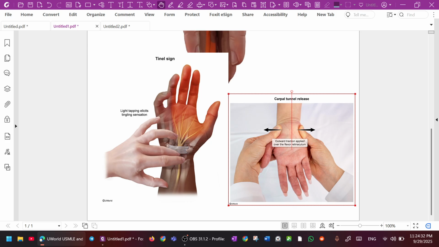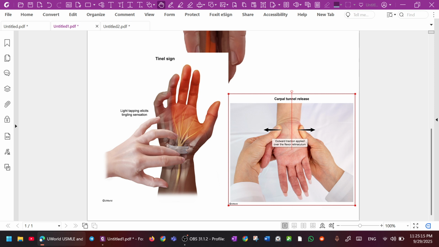So pronator teres syndrome can happen when the median nerve passes through the humeral and the ulnar head of pronator teres muscle.